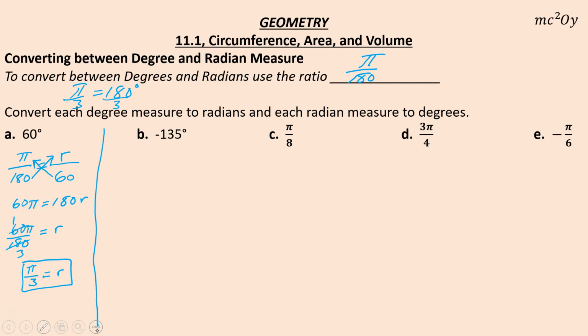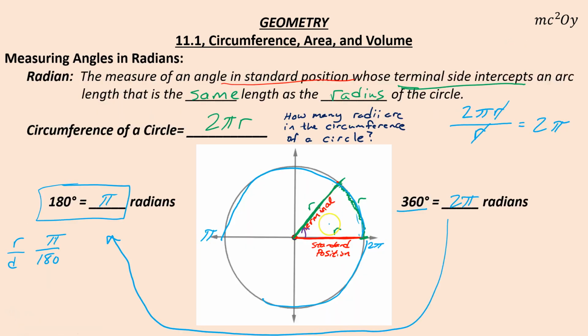Okay? And if you want to try it now, just kind of challenge yourself a bit. So here we go. We got negative 135 degrees. So in my class today, I had students saying, well, how can you have a negative angle? That just means back here at our circle, rather than going counterclockwise, you actually go clockwise. So you go downward. That would give you that negative angle.